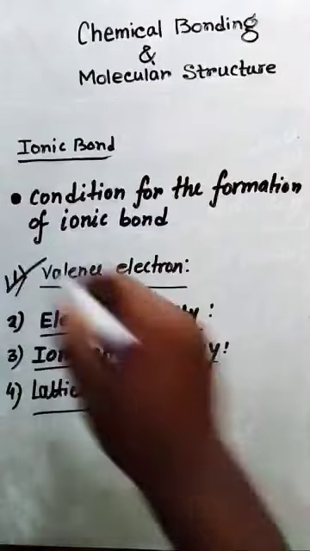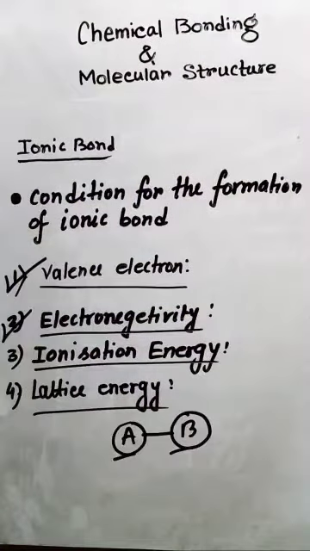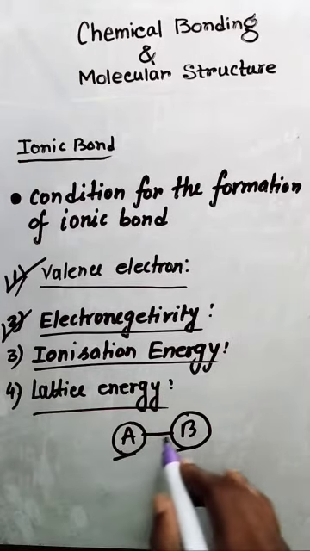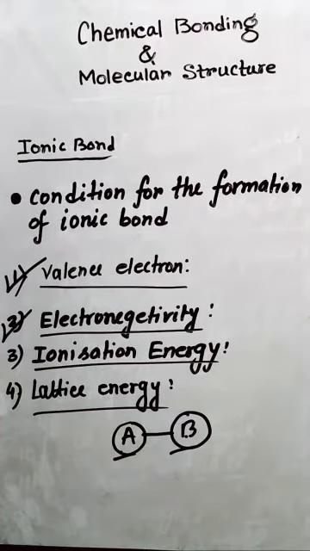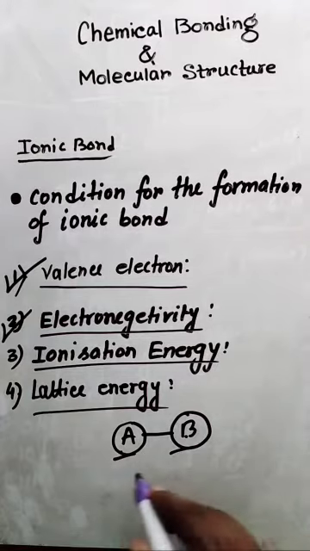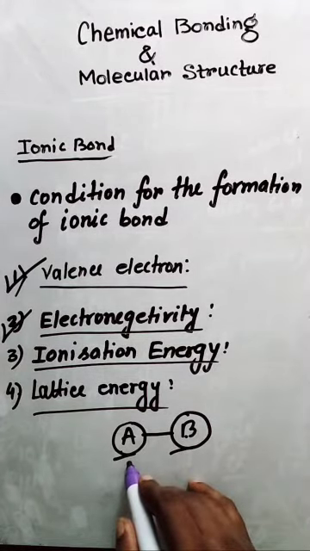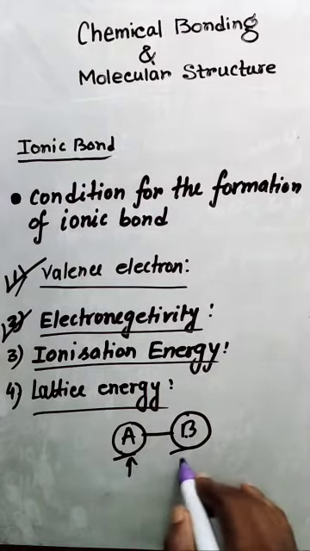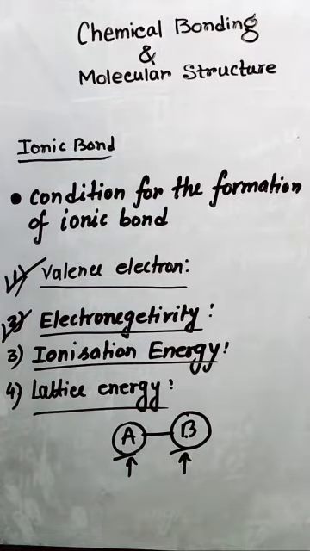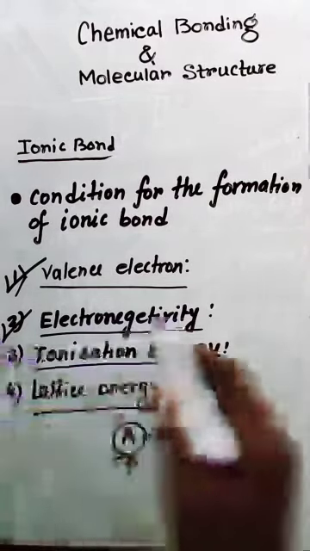So the first point is valence electron. Next one is electronegativity. For example, A and B form an ionic bond. If the electronegativity difference between A and B atoms is more, then the ionic bond is more stable. So the more the difference in electronegativity, the more stable the ionic bond formation. So this is the second point.